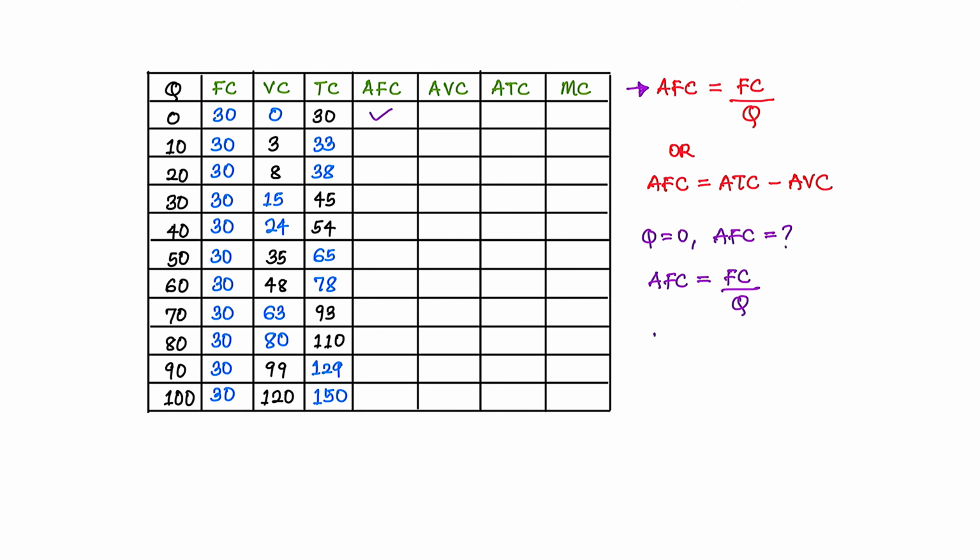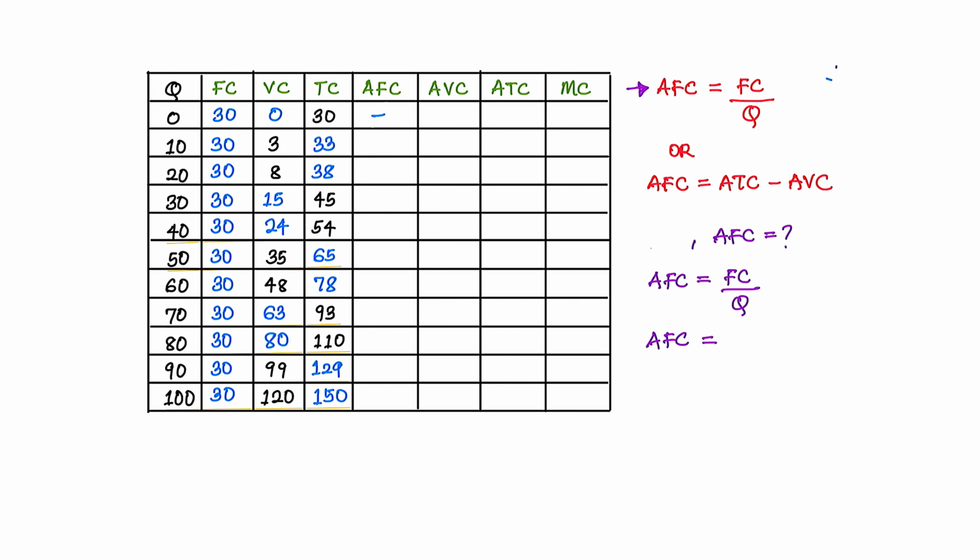Our fixed cost when quantity is 0 is 30 and the quantity is 0. So that means average fixed cost equals 30 divided by 0, which is undefined. For this first box here, we usually just put a dash to represent the undefined term.